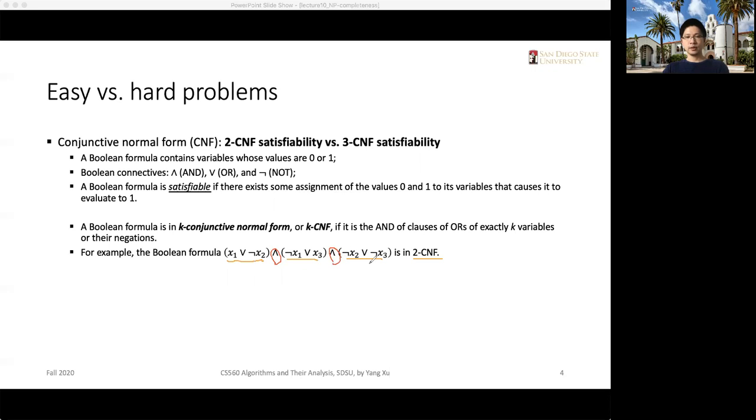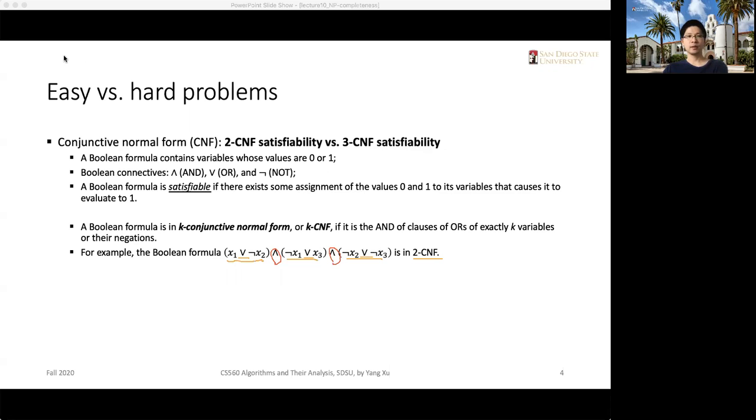Okay, so within the parentheses, they are connected by the OR operators. Okay, and each OR clause only has 2 variables, and that's why we call it a 2 CNF. And there's no limit on the number of AND operators.